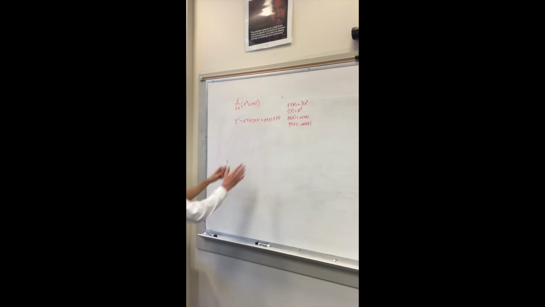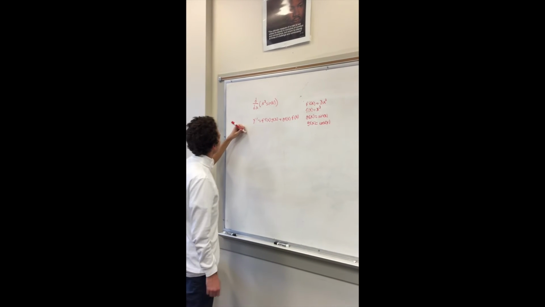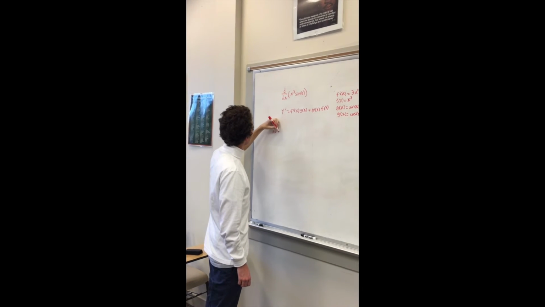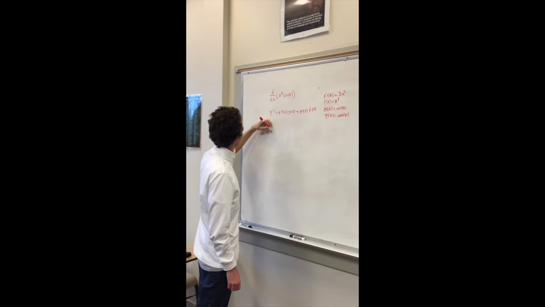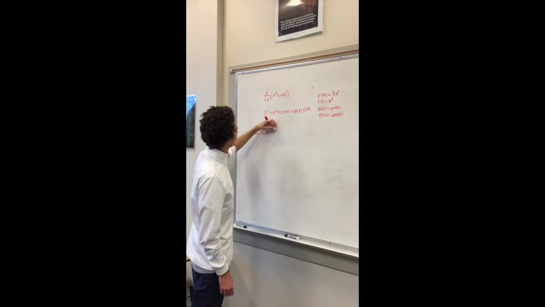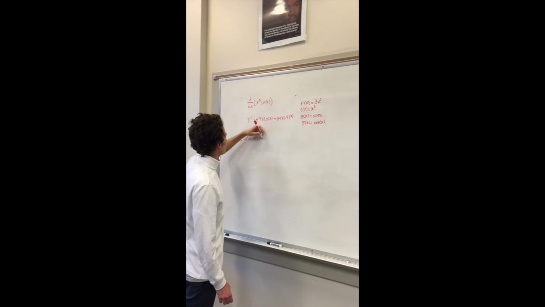So now we have the layout here, and we just simply have to plug it in to find the derivative. So obviously, first we're going to take the f prime of x at the top, which is 3x squared.